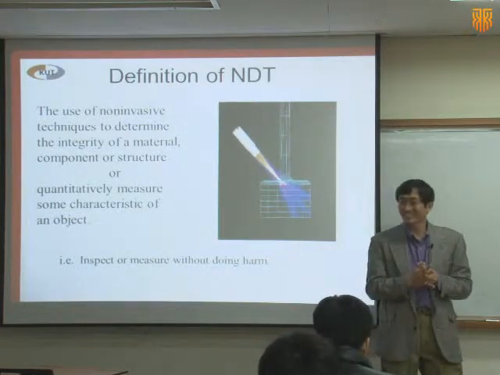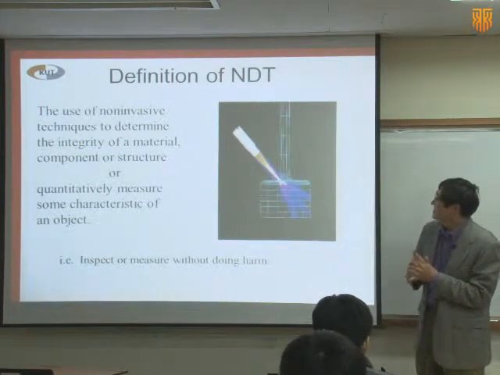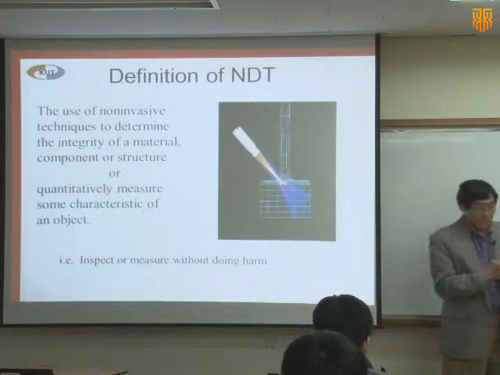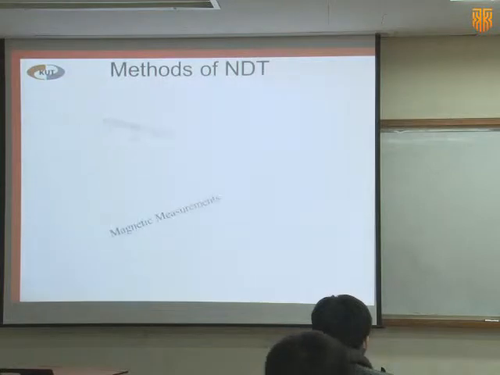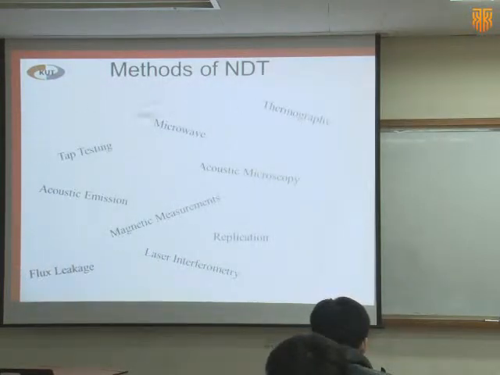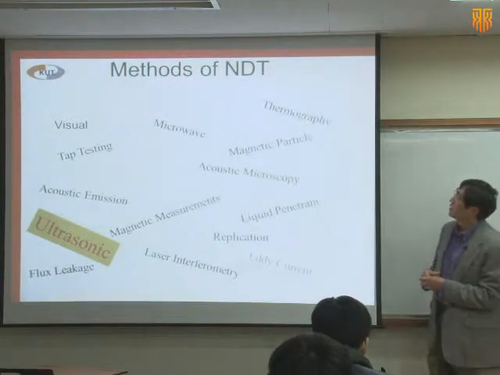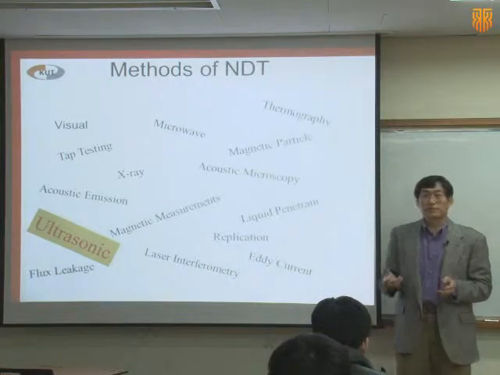All right, good students. I'm going to show what kinds of NDT methods are now used in industry. Let's take a look at some of them. First of all, visual inspection.